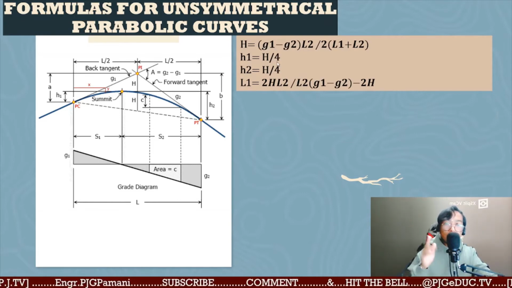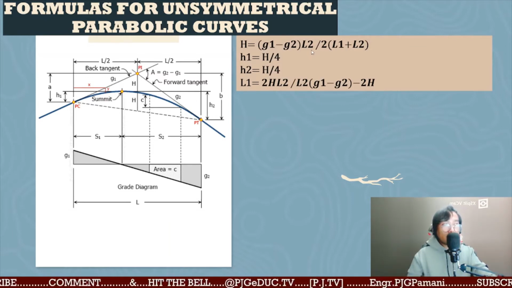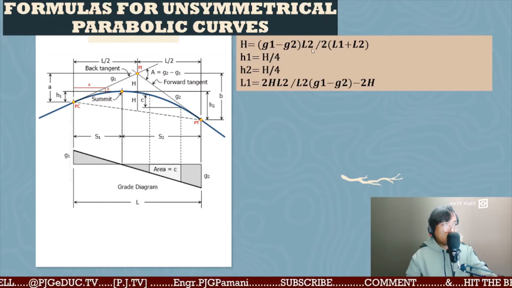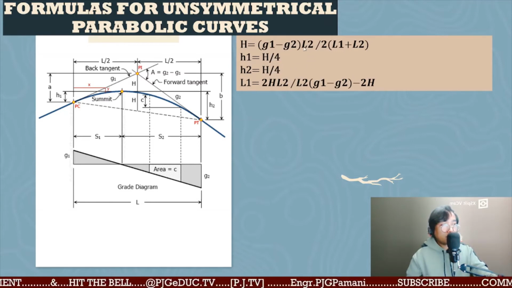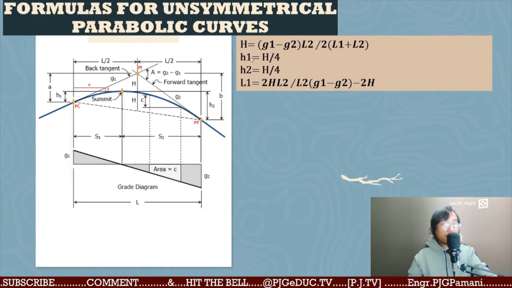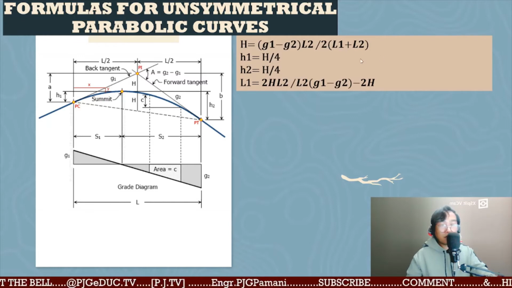Absolute value ni G1 minus G2 considering the sign of the grade times L squared. So absolute value, mamaya na nasa ano naman yun, nandun sa example. The absolute value of G1 minus G2, L2 all over 2 times L1 plus L2.